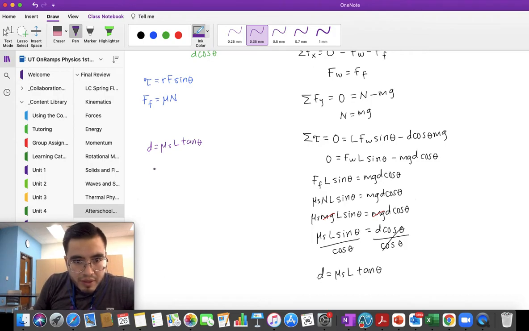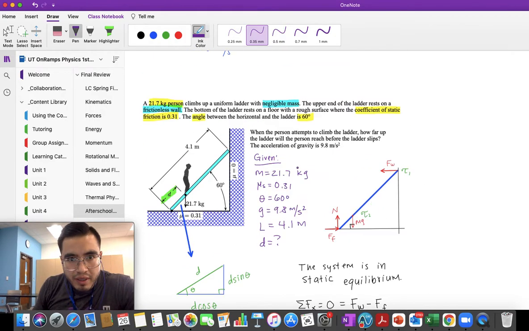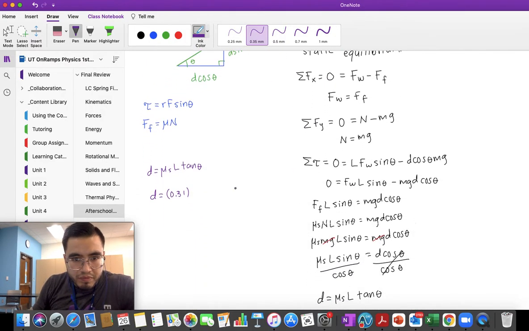So the distance will be equal to the coefficient of static friction, that is 0.31, no units, because it is a coefficient, times the length. What was the length? 4.1 meters. Times the tangent of theta, that is 60 degrees.